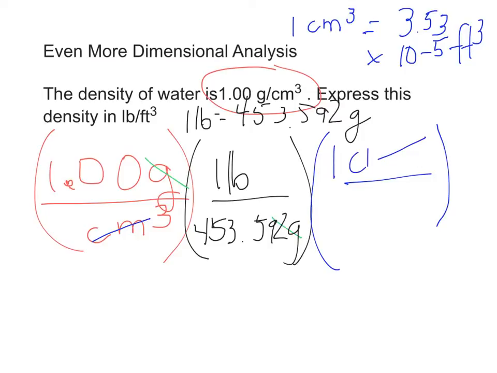So we want to put 1 centimeter cubed there is equal to, I'm going to take this out of scientific notation now, so I'm going to take this decimal point here, and I'm going to move it over to the left 5 spaces. 1, 2, 3, 4, 5. All right, so that's going to be, and I'm going to put a 0 in each of those places. 1, 2, 3, 4.